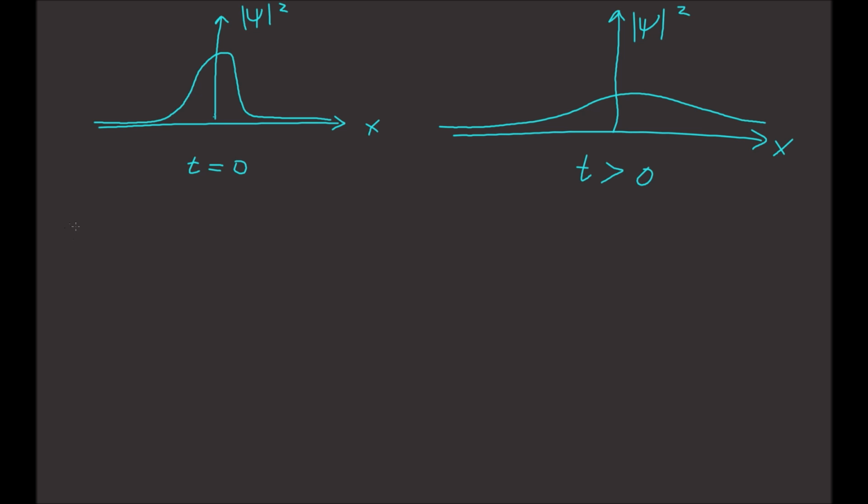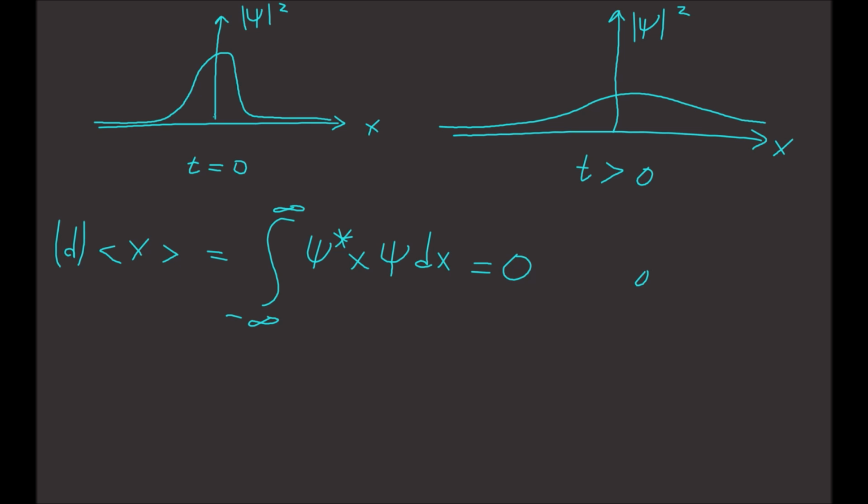Okay, so now part D, we have to find the expectation value of x. Remember this, we have to sandwich x between psi star and psi, so we have the integral of psi star x psi dx. This is equal to 0. Why?